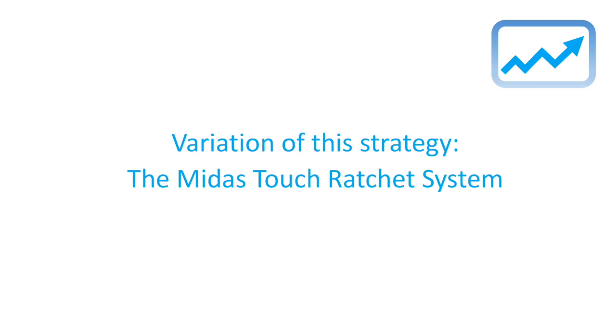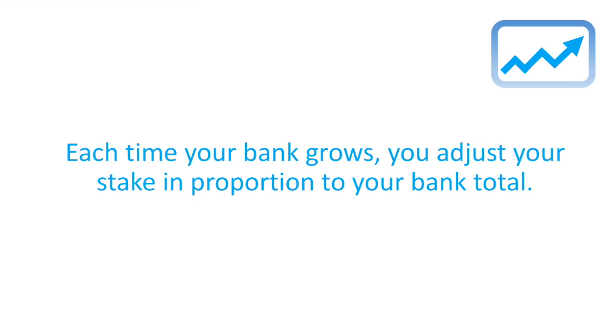Now, there is a variation of this strategy or betting system which enables you to grow your profits at a much faster rate, and this is called the Midas Touch ratchet system. It's a nice simple variation on the strategy, and basically all you need to do is each time your bank grows, you adjust your stake in proportion to your bank.